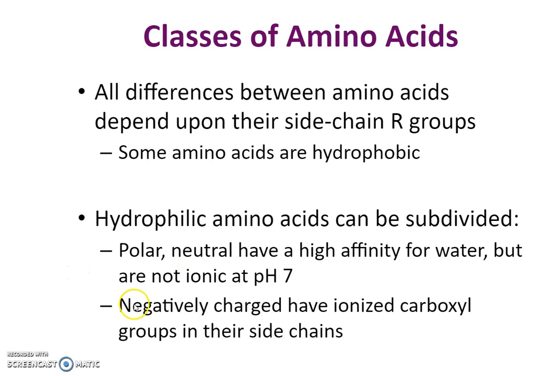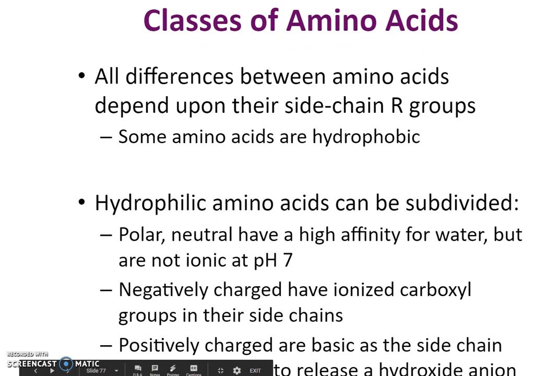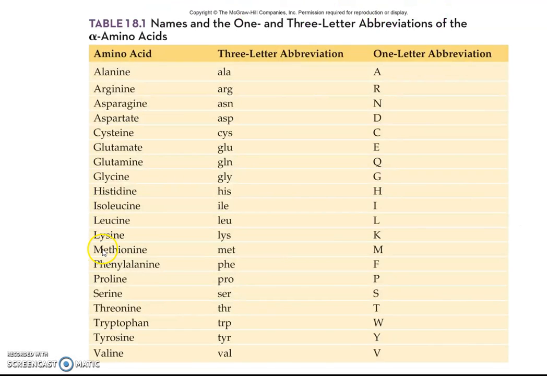So they can be positively charged, they can be negatively charged. And here are the positive ones. Positively charged are basic on their side chain, so they'll react with water to release the hydroxide anion. A little bit of different characteristics, you don't have to worry about those.